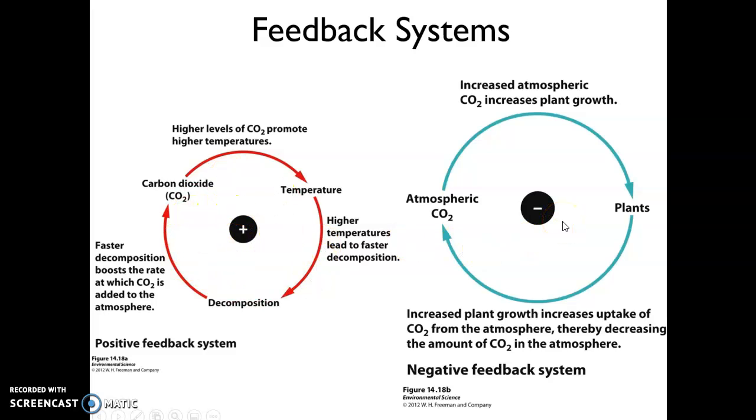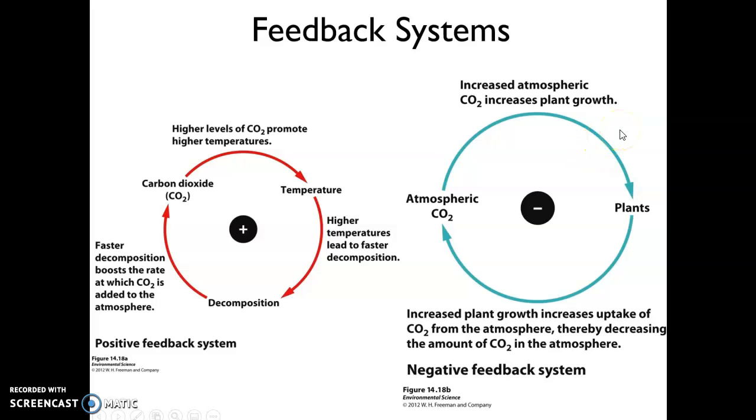On the right, we have an example of a negative feedback system. There's increased atmospheric CO2, carbon dioxide, but CO2 can be taken up by plants as a nutrient through photosynthesis, and therefore at least some of the extra CO2 that went into the atmosphere can be taken up by plants, and therefore that keeps the cycle in balance.